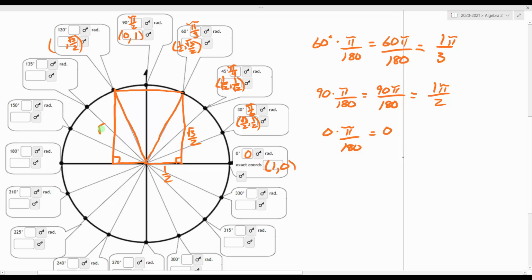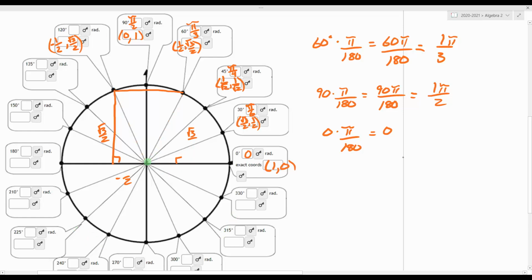Well, this was also root 3 over 2, and this is also 1 over 2. But since we went to the left, this 1 over 2 is going to be negative. So when I go to fill in my x-coordinate here, I'm going to say negative 1 over 2.